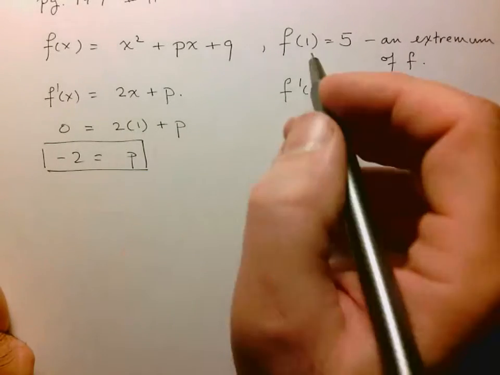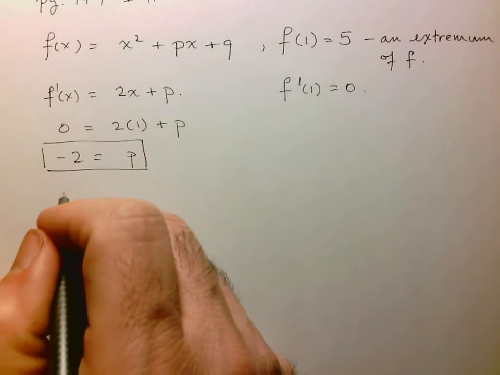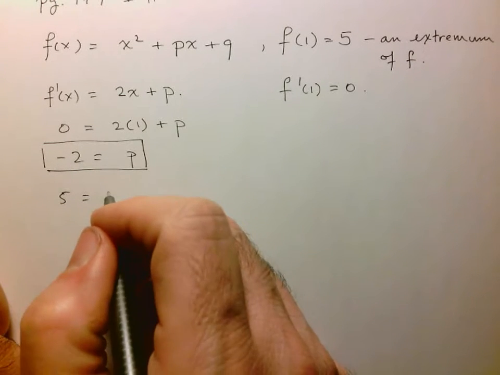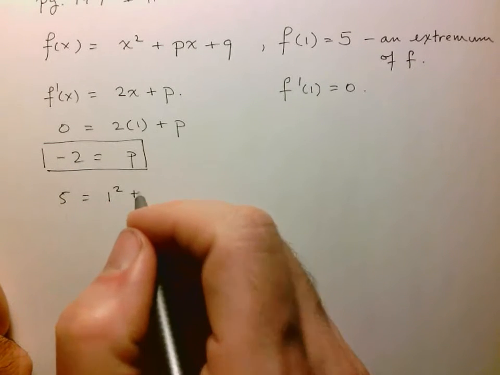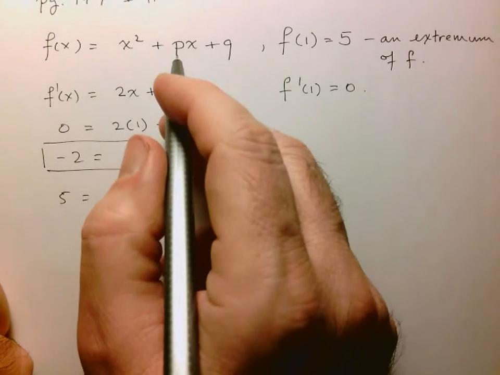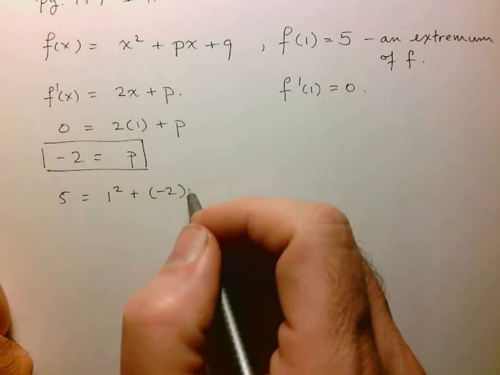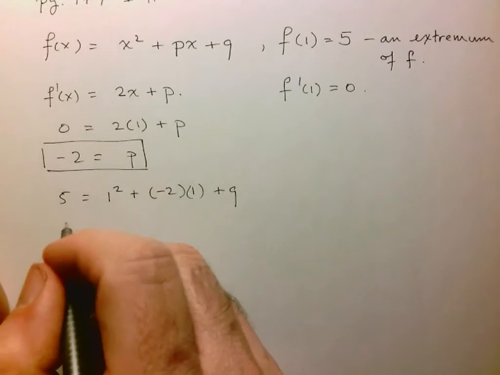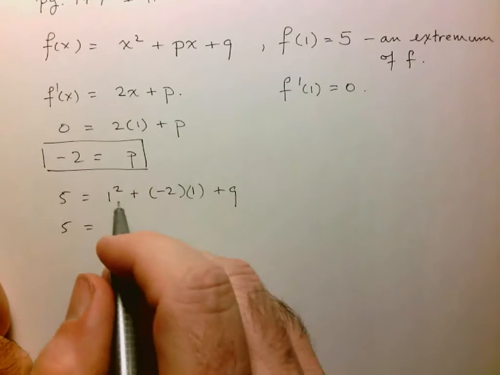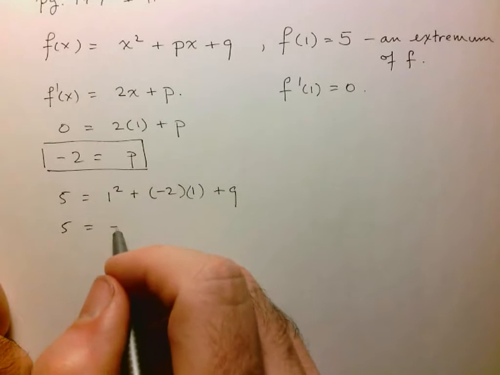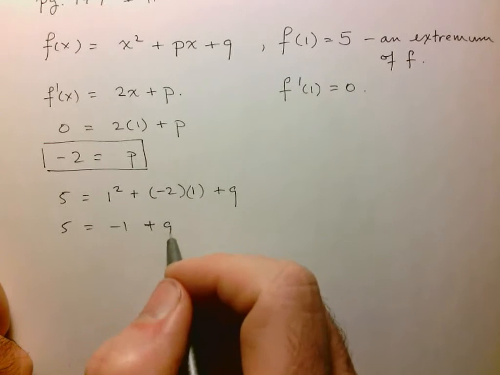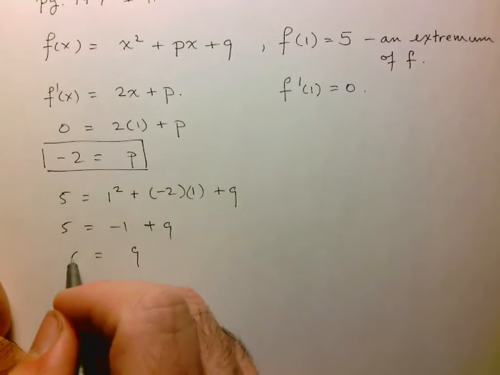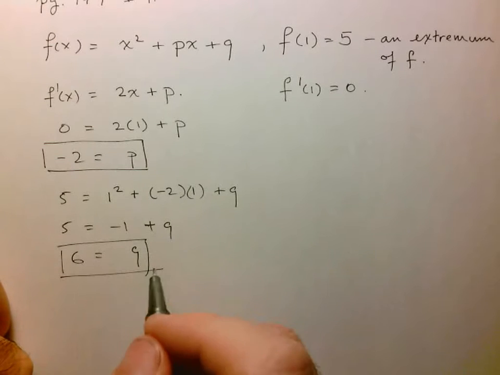I know that f at 1 is equal to 5, so the function value is equal to 5 when I replace x by 1. I already know that p is equal to -2, so -2 times 1, plus q. So here we're left with 5, so here we've got 1 minus 2, -1 plus q, and so q is just equal to 6.